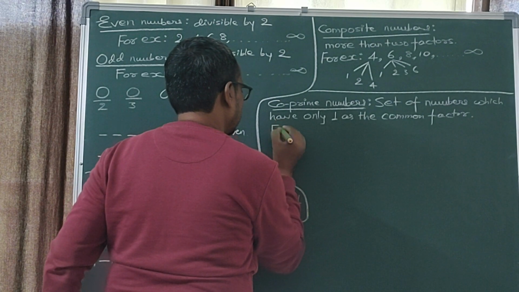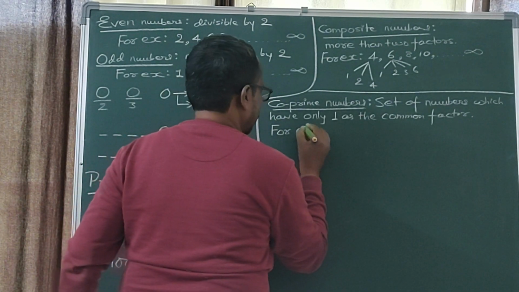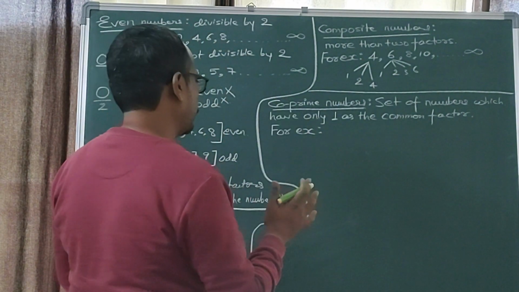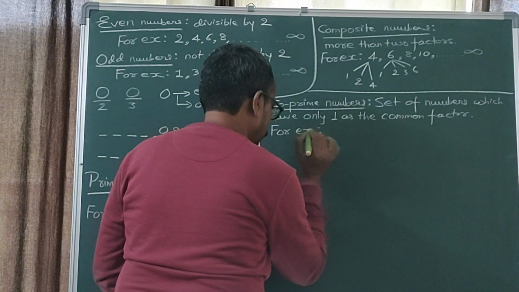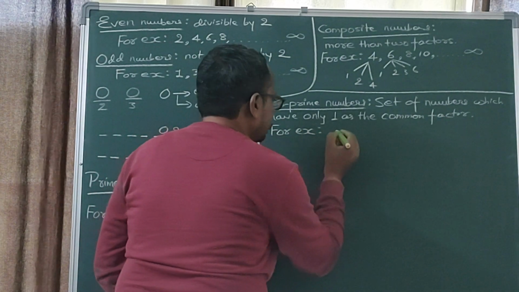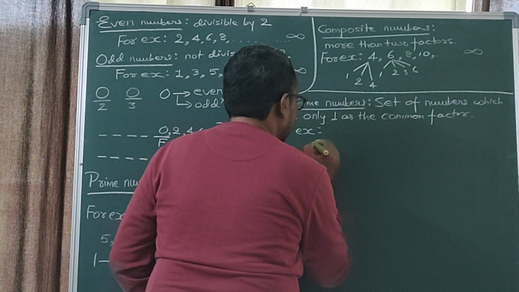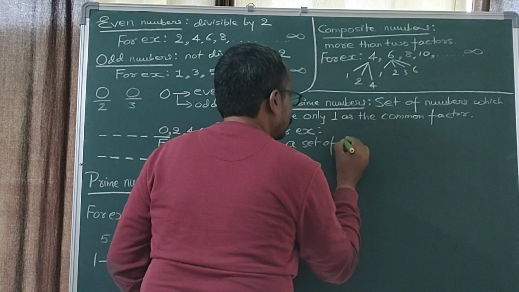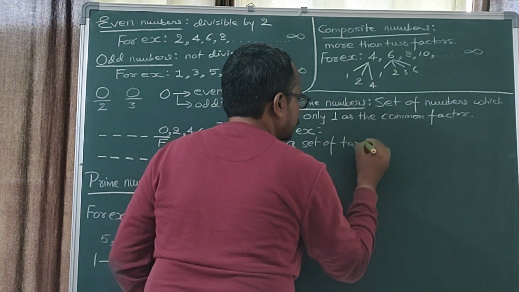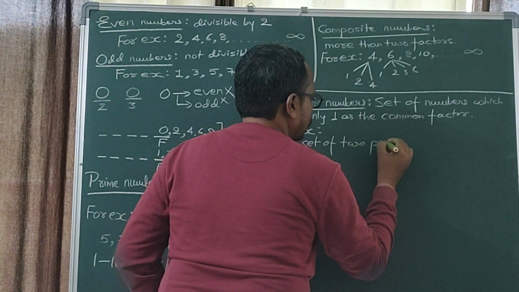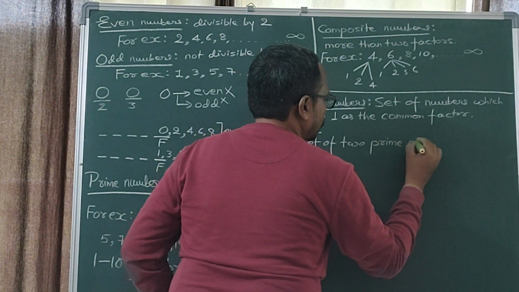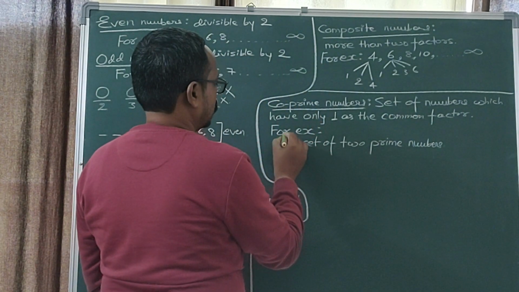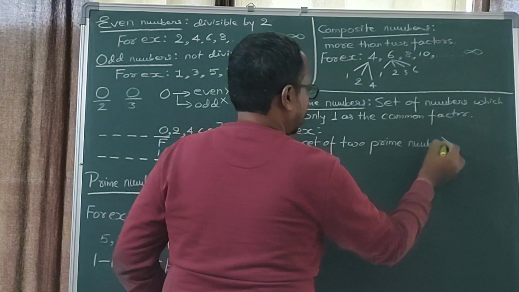For example, see, if you take any 2 prime numbers or any 3 prime numbers or any 4 prime numbers, they are co-prime. A set of 2 prime numbers is always co-prime.